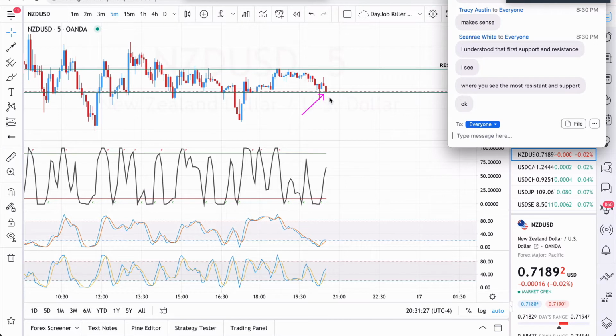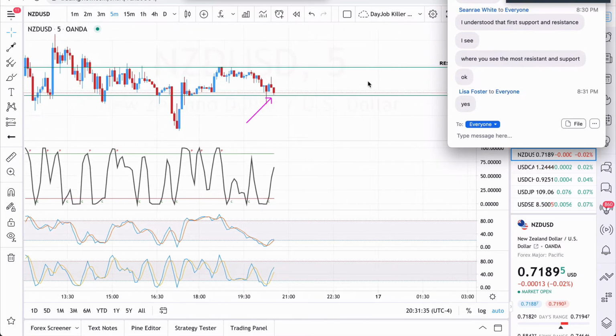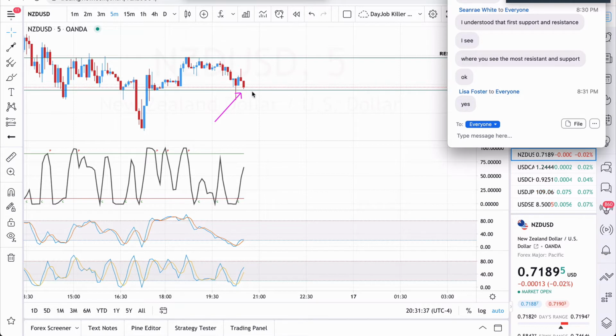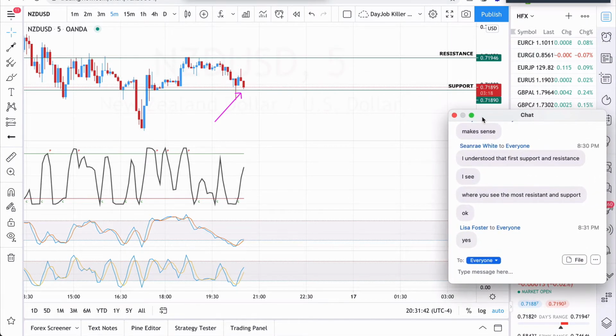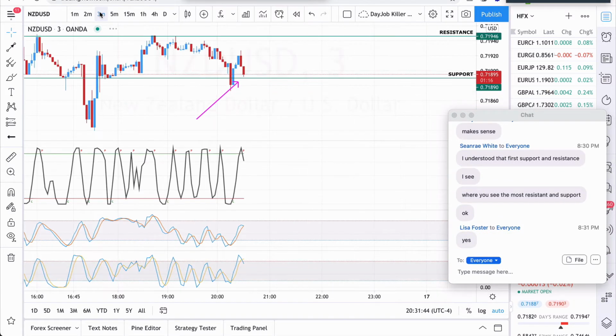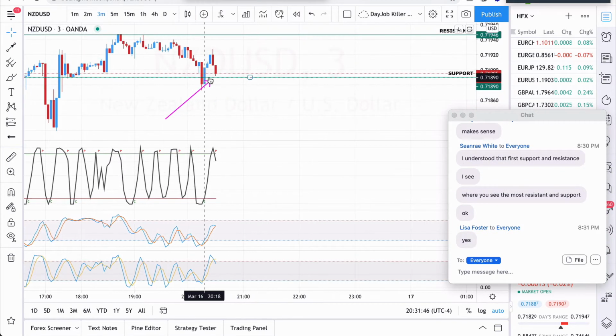I want to make sure that makes sense to everybody. Higher time frame support and resistance is respected over lower time frames, but we're getting some reaction even at this level. So I drop down to the 3 minute. See how we got that reaction at this level?